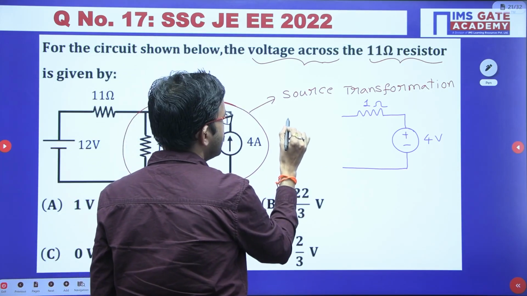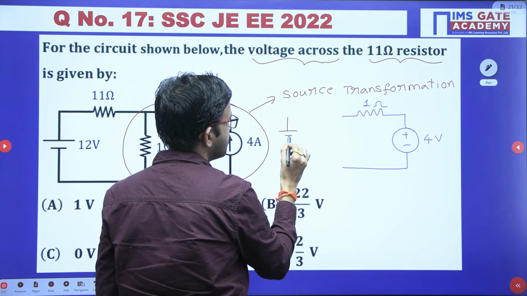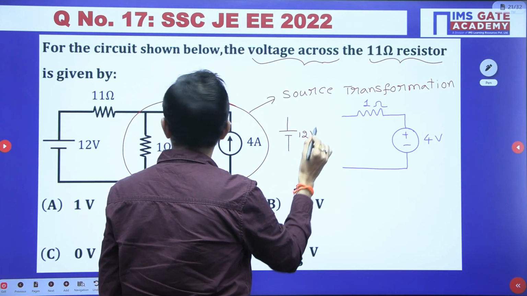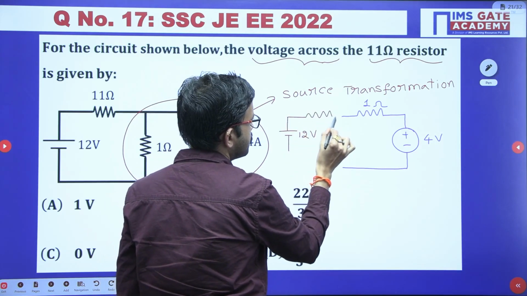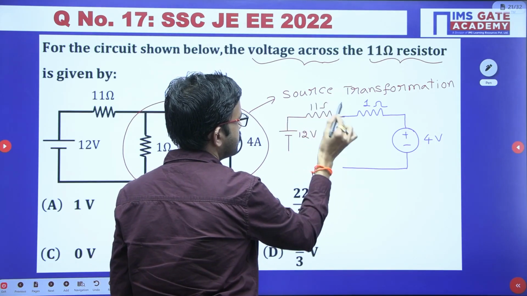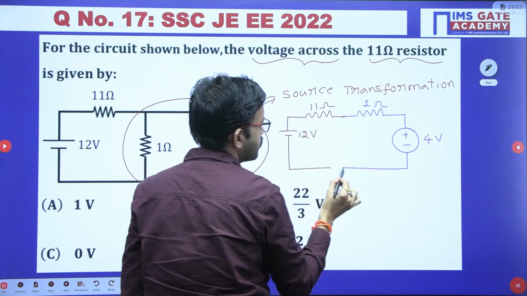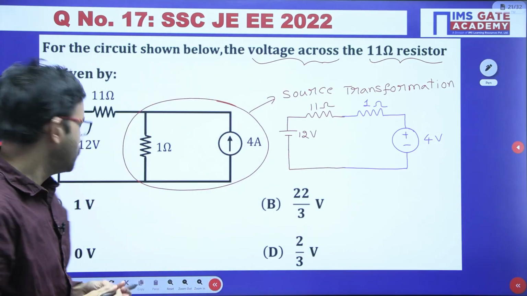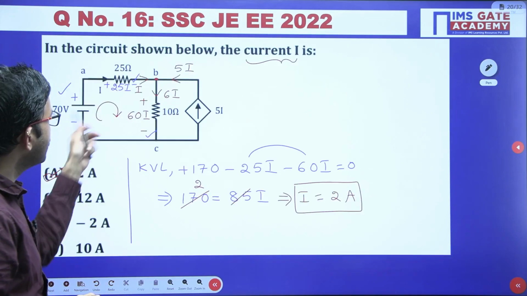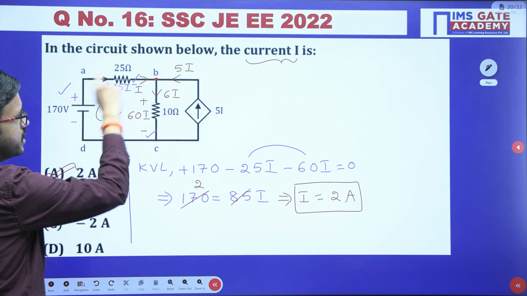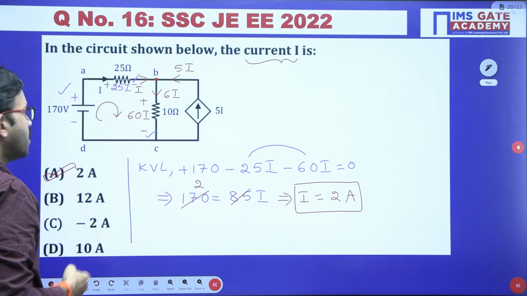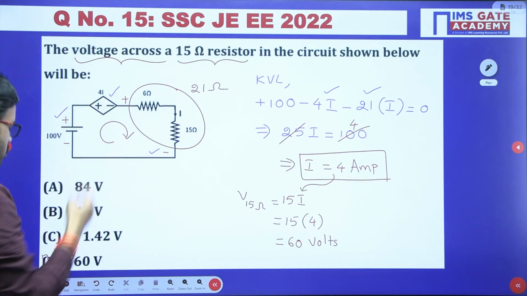So here you have a 12 volt source, and then you have an 11 ohm resistor. Now just observe, like earlier questions, it is forming a closed path, or even here you have a closed path like this.